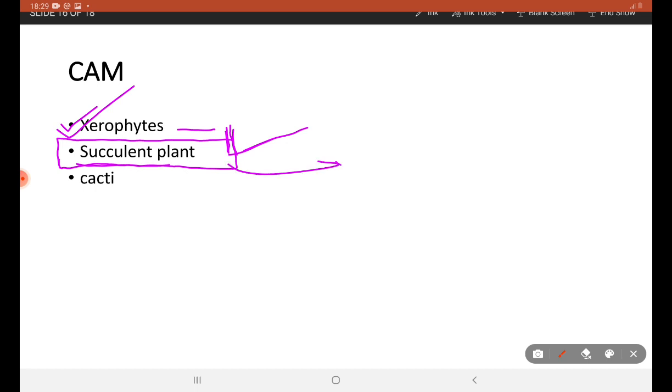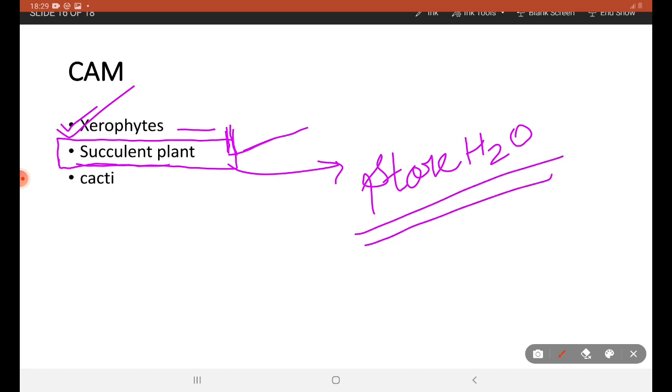These plants store water in their stem and leaves, and they also prevent loss of water since they grow in water deficient areas. These characteristics are known as succulents.